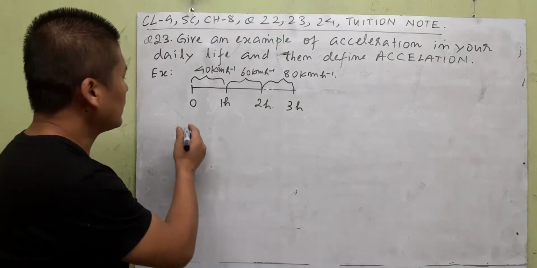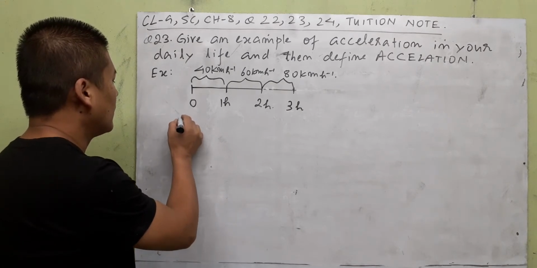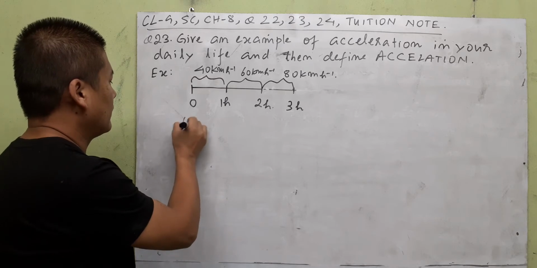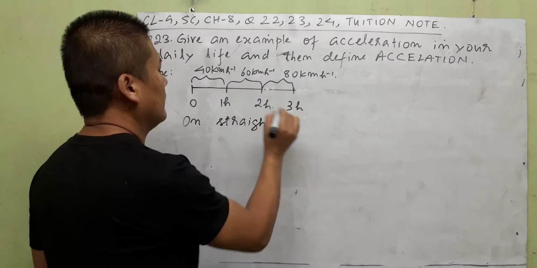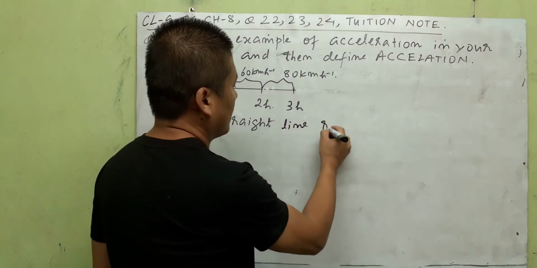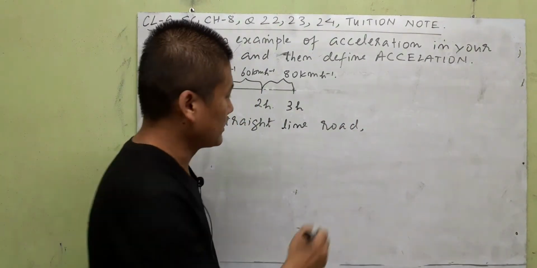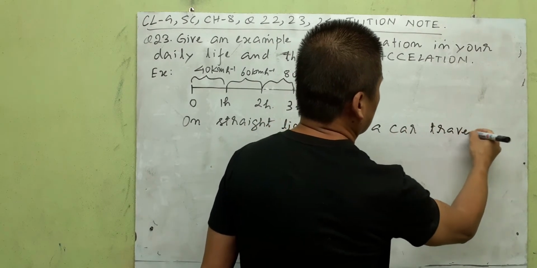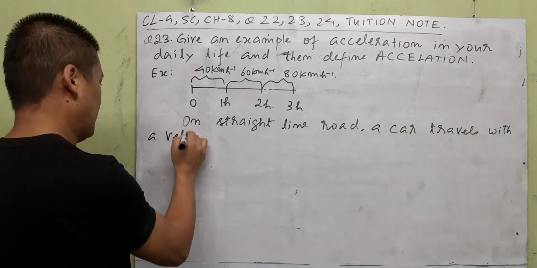Okay, so in non-uniform motion, let us just write it down. A car travels on a straight line road. Let us imagine a straight line because we are primarily discussing straight line motion. On a straight line road, a car travels with a velocity.